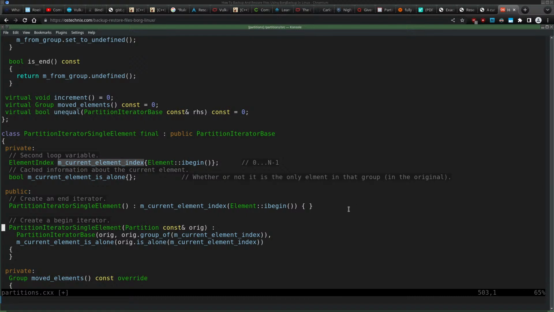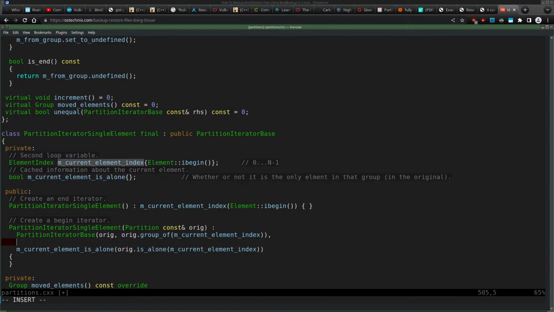Oh, thank God, I see it. It is true, but it initializes things in order. This is the base class. So what it does, I do not mention this thing in the initializer list, which means that the compiler inserts it here after the base class.